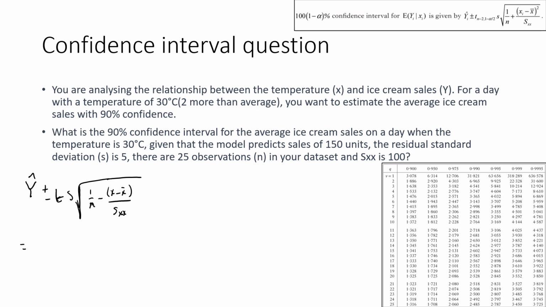So for y, our predicted sales is 150. For t, it's a 90% confidence interval, so we want it to be in this column, 5% on both sides, which will make it 10% left out, so 90% confident. And n minus 2, so we have 25 observations. That would mean it's 23. That means it's 1.714.